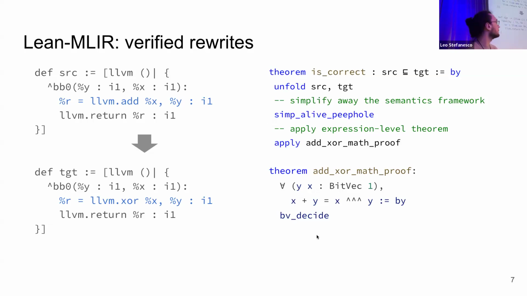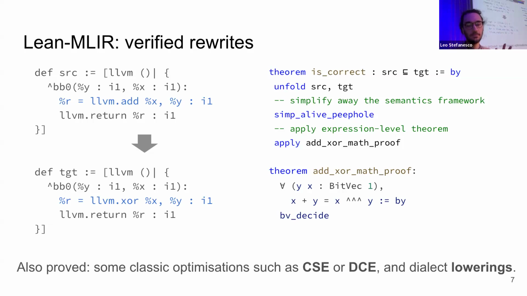And for this, there have been a lot of recent developments in tactics from the FRO and our group. In particular, this BV-decide tactic, which translates this into a SAT query and then uses an external SAT solver to efficiently decide these problems. So the idea is that this type of simple optimization could be proved automatically in a foundational way.